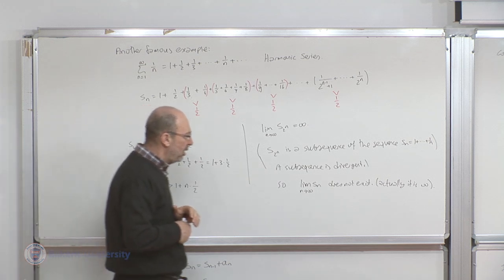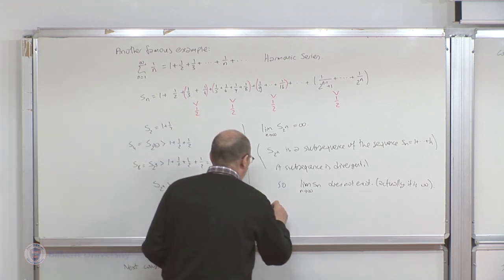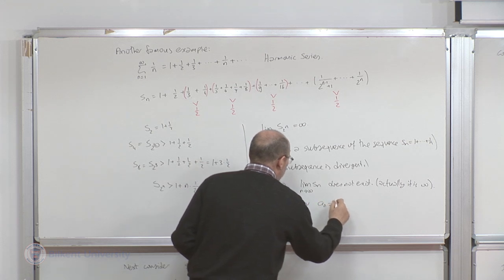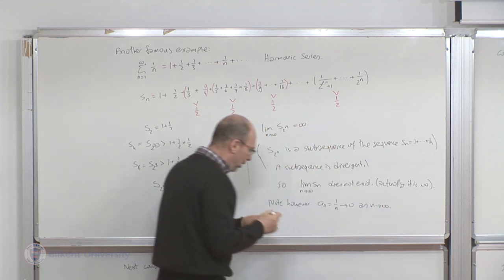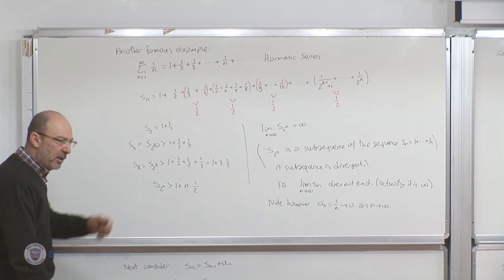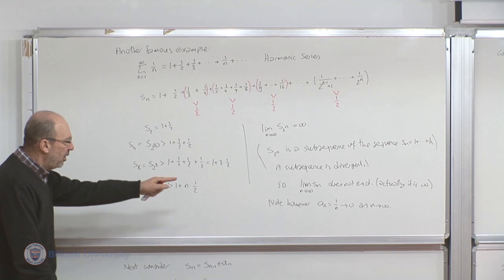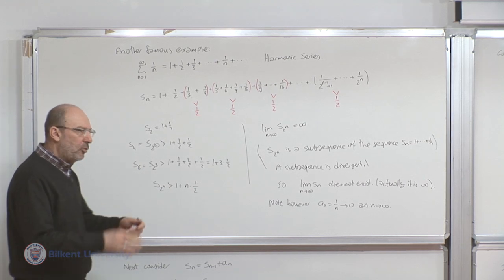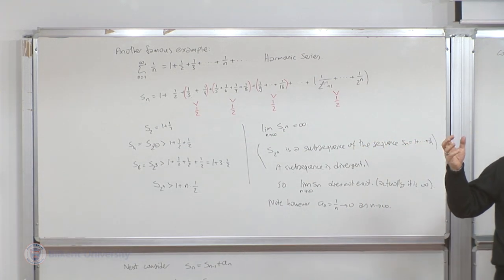This is the famous series where the general term goes to 0. Note, however, that an equal to 1 over n goes to 0 as n goes to infinity. So the general term going to 0 in the geometric series comes with a convergent series. Here, it comes with a divergent series. You should always see these tests as something coming out of a black box.